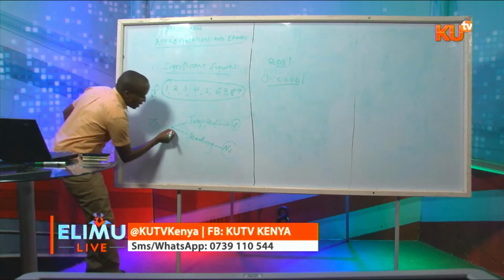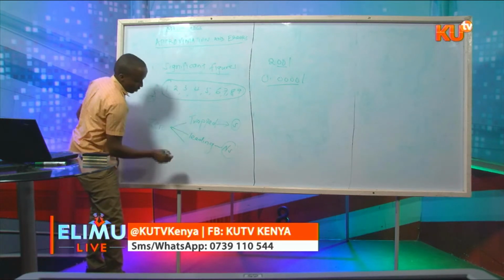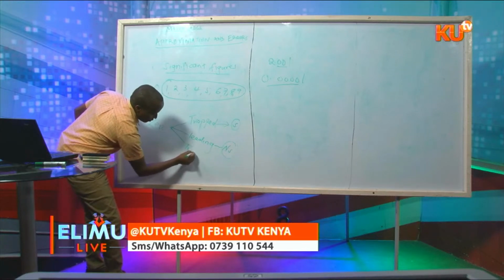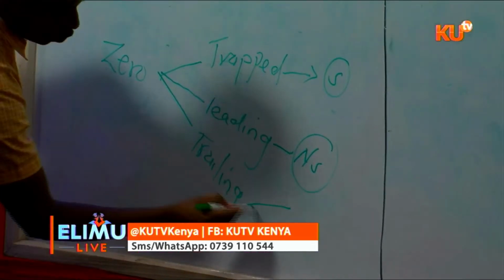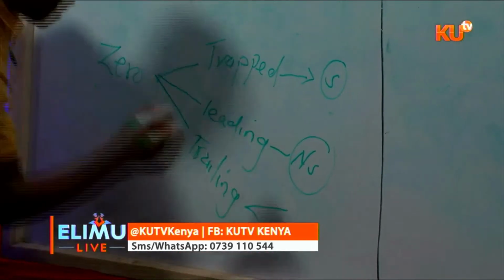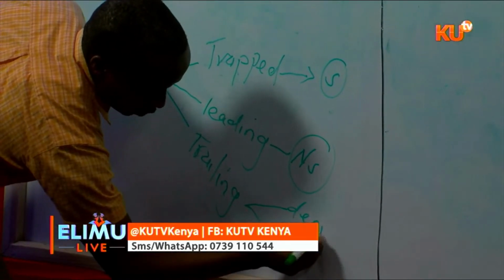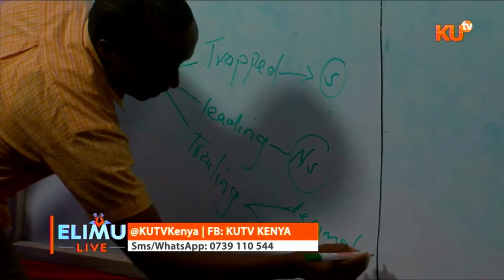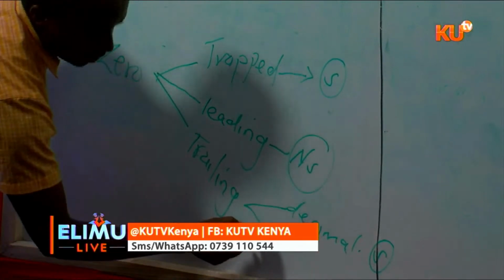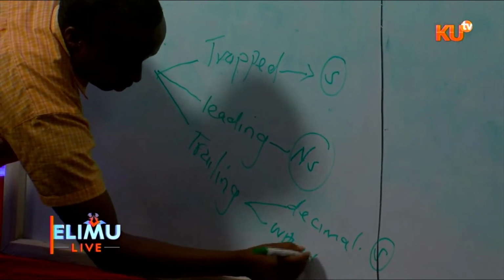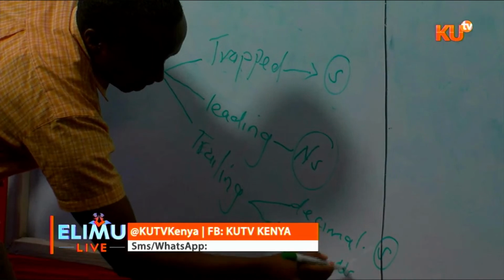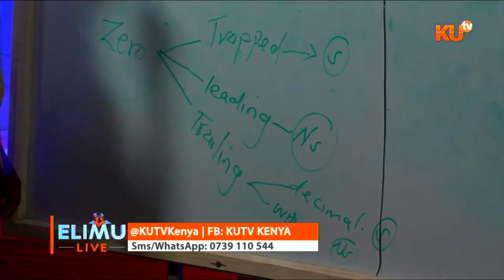So we go to another type of zero, that is the trailing zero. In this case, we have two conditions. With a decimal point, it is significant. Without a decimal point, it is not significant. What do I mean here?